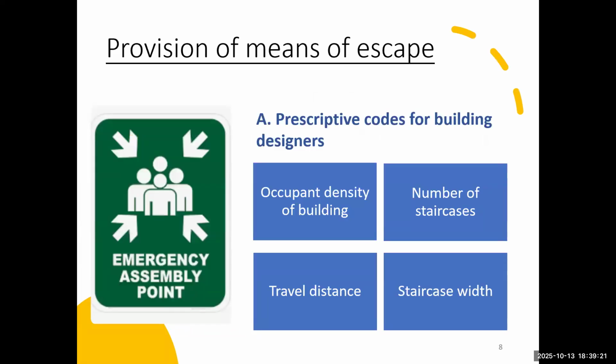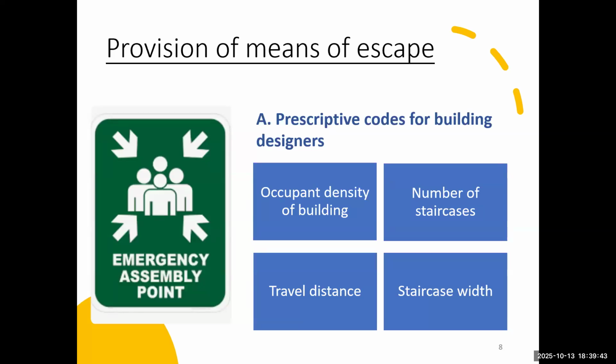So in case of fire, the escape route is one of the most important concerns for designers. For this example, let's briefly look at the provision of means of escape. What does the prescriptive code cover for this kind of provision?